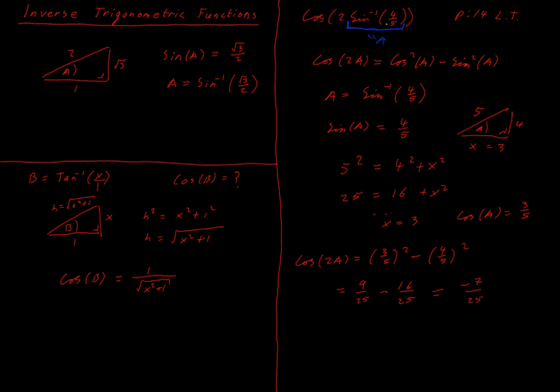I said that this was equal to A so that it looked a little bit more familiar to me, and it helped me with drawing my model triangle so I could get my sine and my cosine more directly. But the key thing is that our inverse trig functions are angles, and we can treat them like angles, and we can use formulas for angles when we're trying to solve stuff involving our inverse sine, cosine, and tan. And that is what we need.